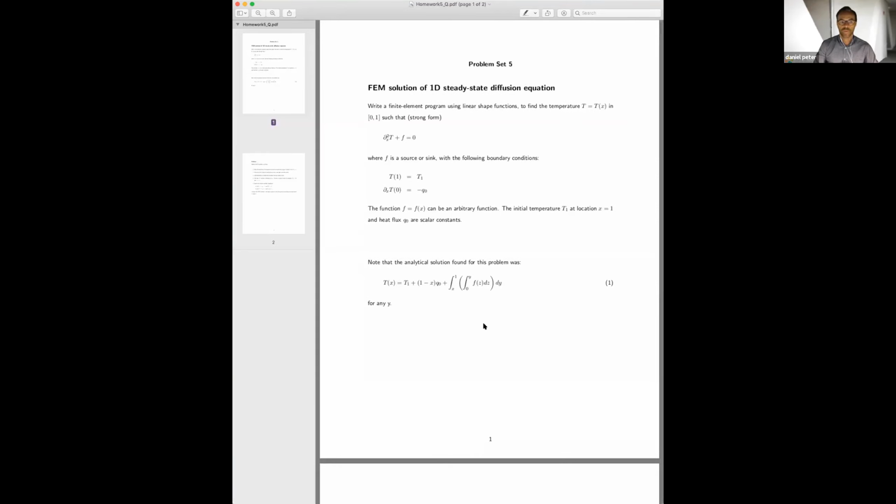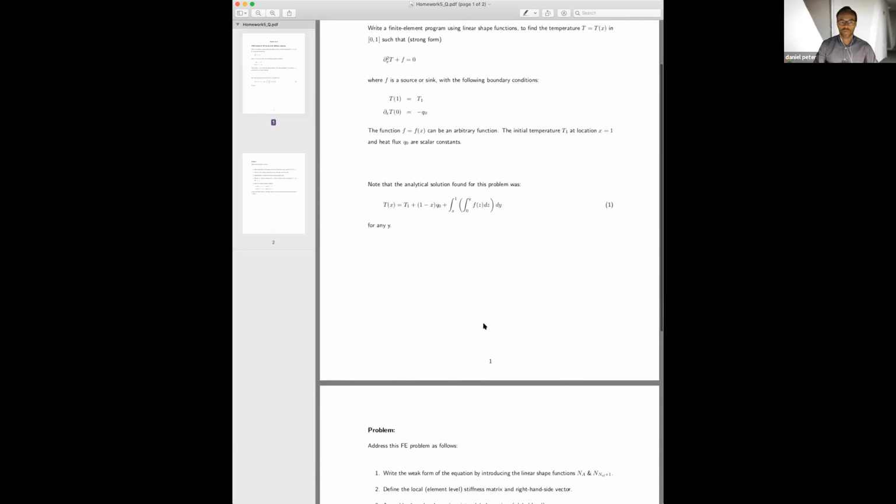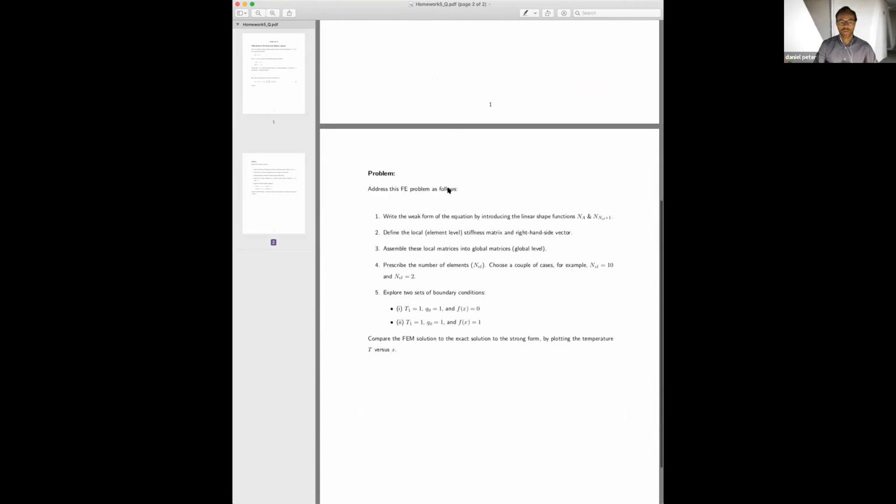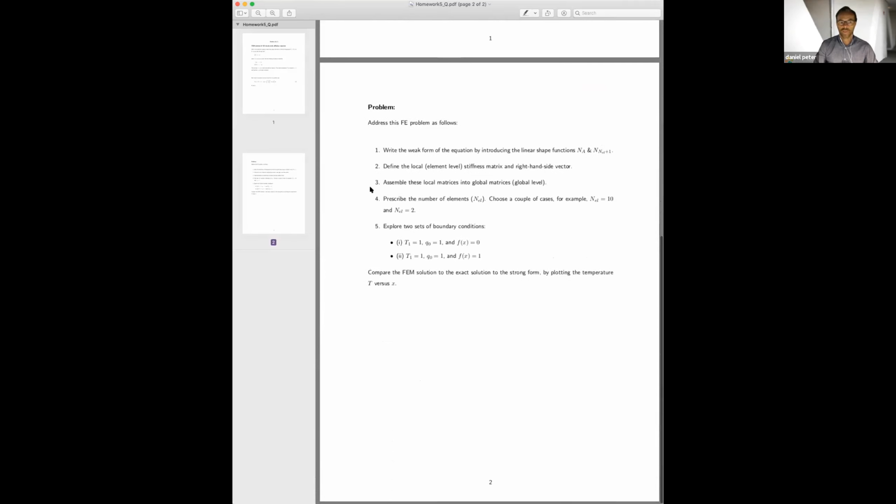So you have the diffusion equation, the boundary condition, the analytical solution as well, and then just the different steps in order to solve it with a finite element approach.